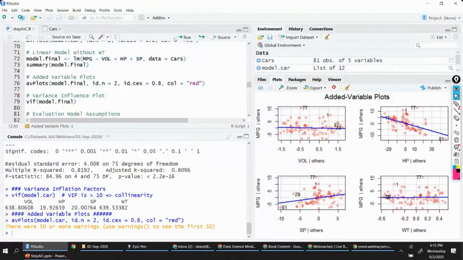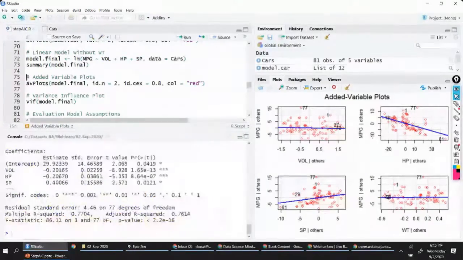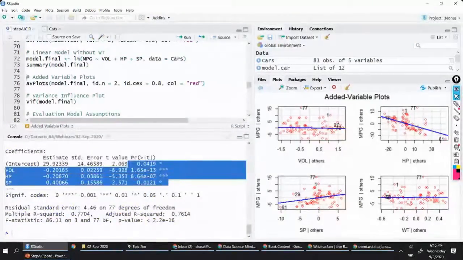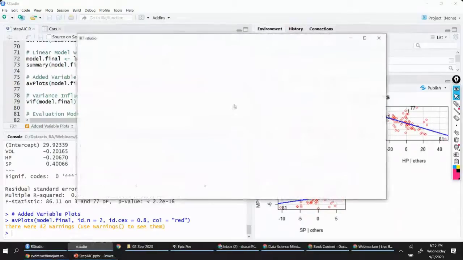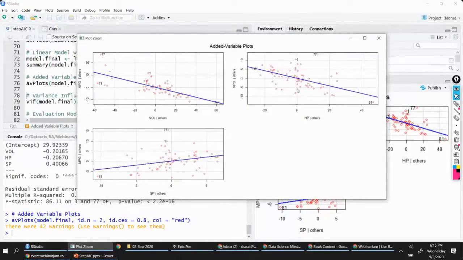And if you do this and check, you can see the variables are right now statistically significant, right? And you can also verify your R squared value. You can verify the AV plots, and each of that input variable that we are using in predicting y are equally contributing, right?